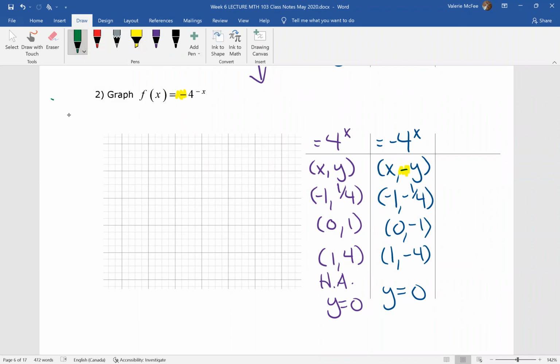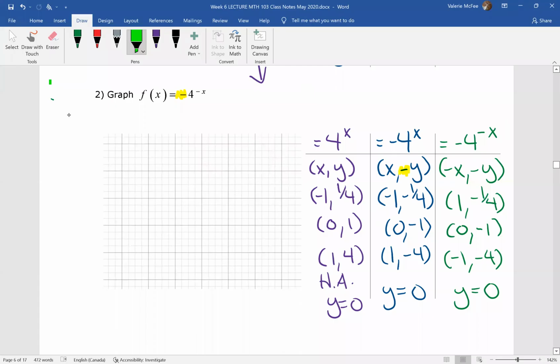Let's do the final transformation then. This negative sign was inside the function on x, and so we found the opposite of all of our x coordinates. Graph this function.